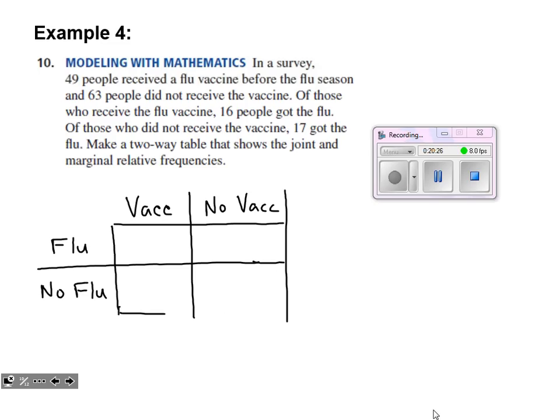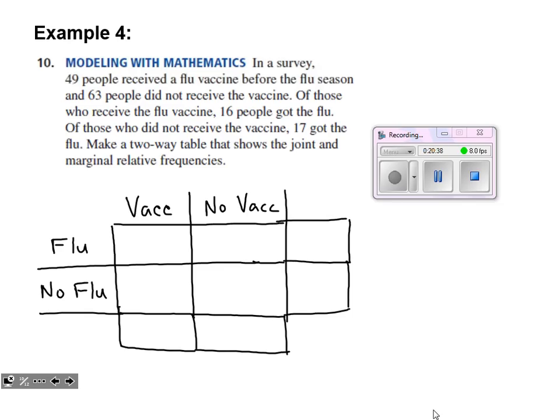Okay, so here is our two-way table. We'll fill that in and then we'll calculate some totals. You can tell they're not giving us enough numbers in their prompt to fill in this table completely, but hopefully it's enough that we can use the clues around the table to fill that in.